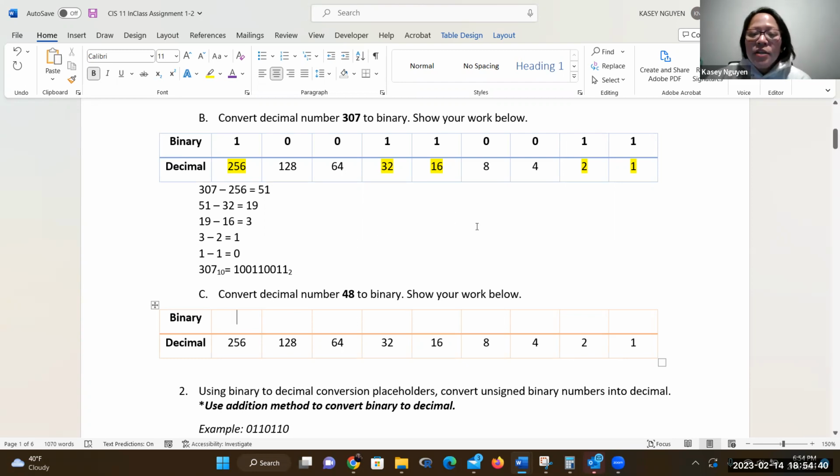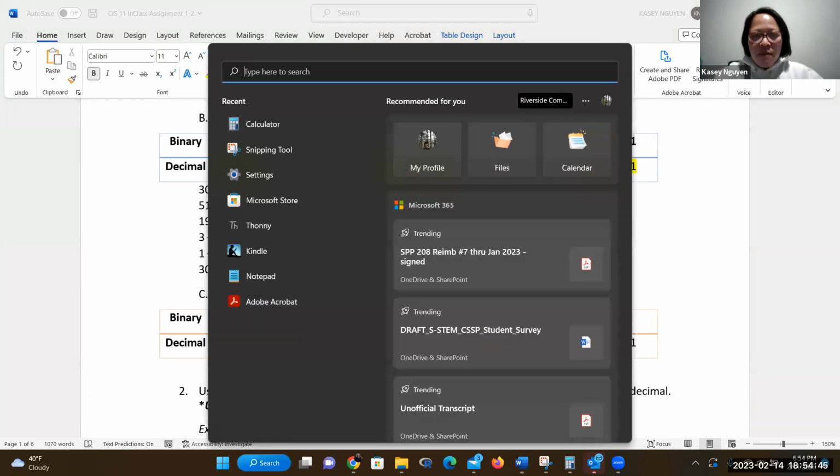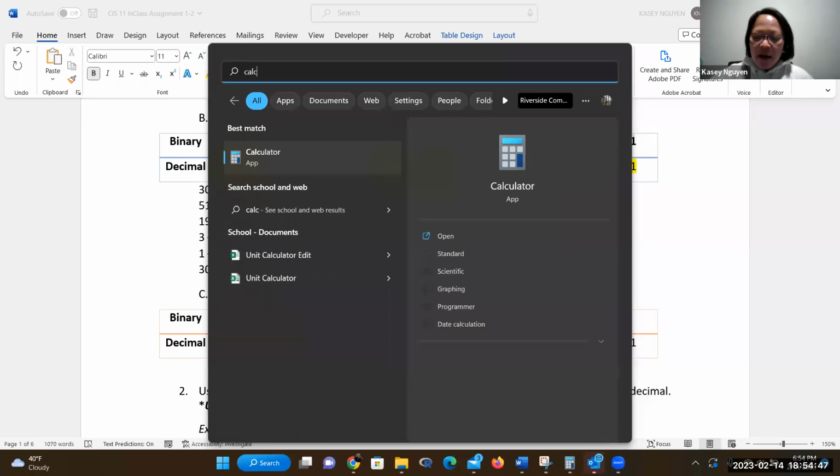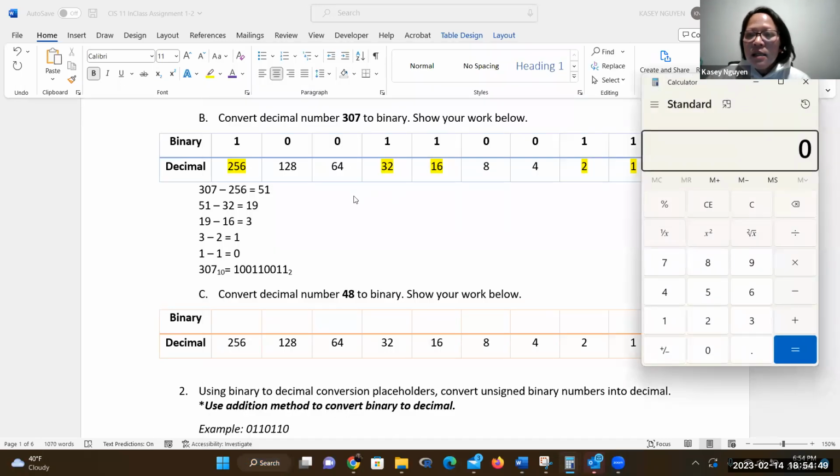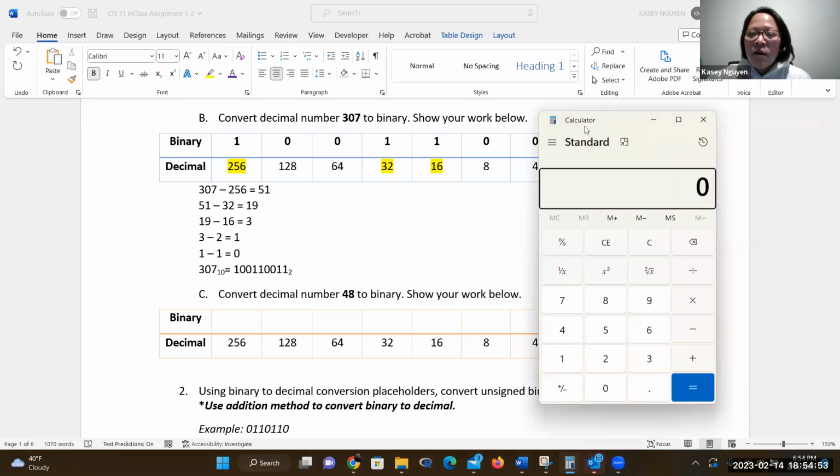Now, how can I check my answer? If you're using a calculator, and again, I'm using a Windows PC. If you're using a Mac, you can find out. I'm not familiar whether Mac has a programmer mode. I'm pretty sure it does.